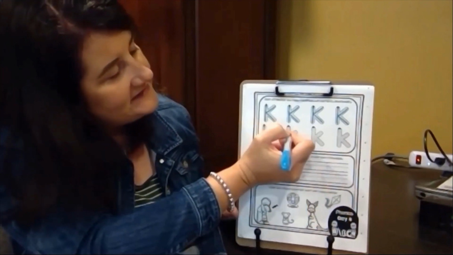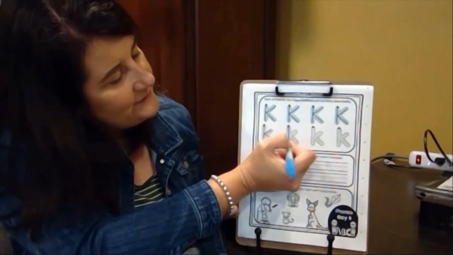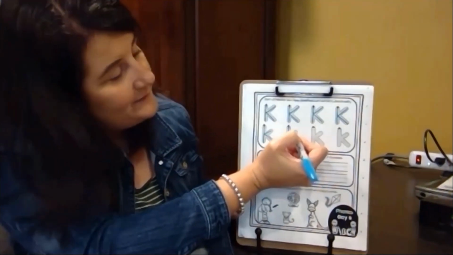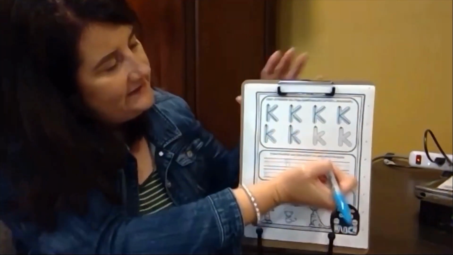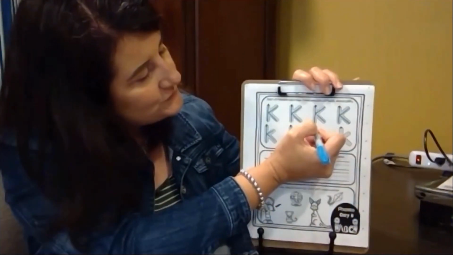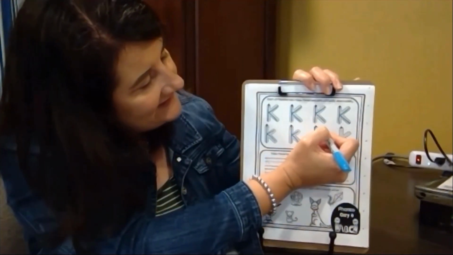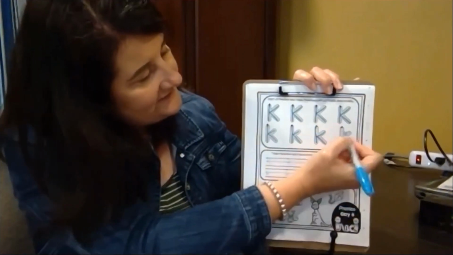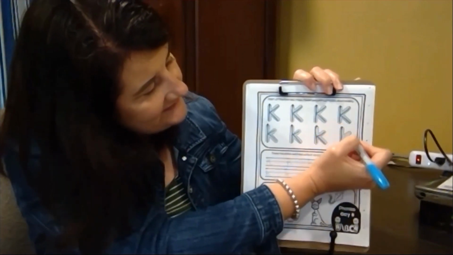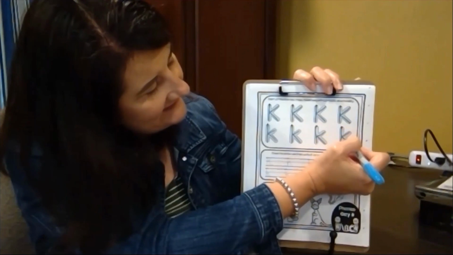Lowercase k, start at the top, straight down, and go halfway to the top, and slide in, slide out.